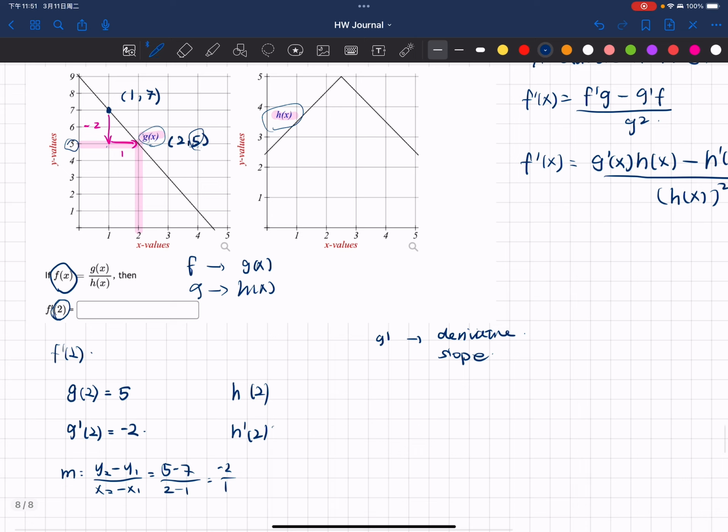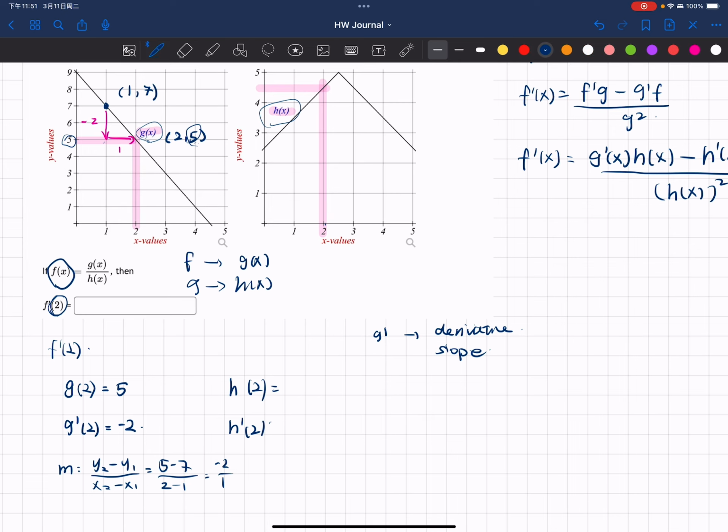Then for h of x, when x equals 2, it is in between, so we will consider it as 4.5. And h prime is also the slope. From here we can see the slope is positive because it's rising.